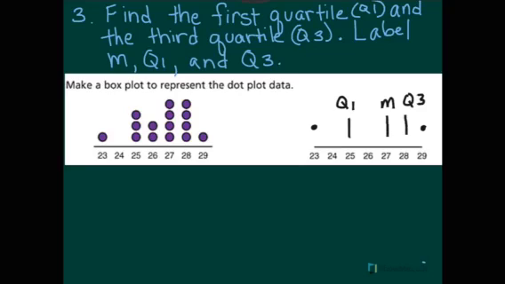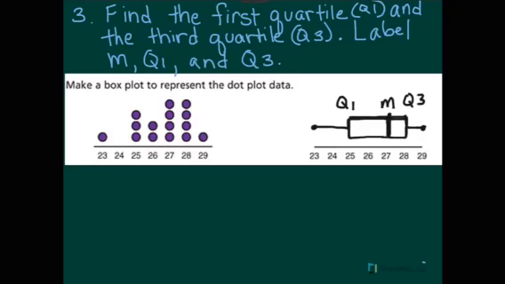And then the edges are the edges of my rectangle. Here's my median. And then I draw my lines. So you'll notice I kind of have a bigger space right here. It's not down the middle. This tells us something about our data.